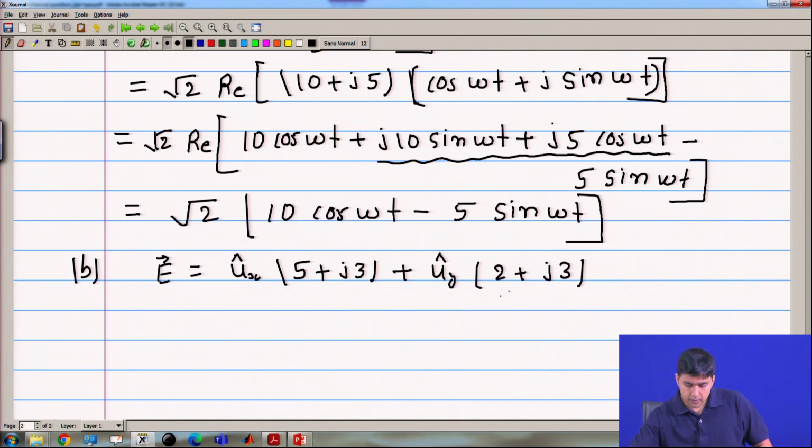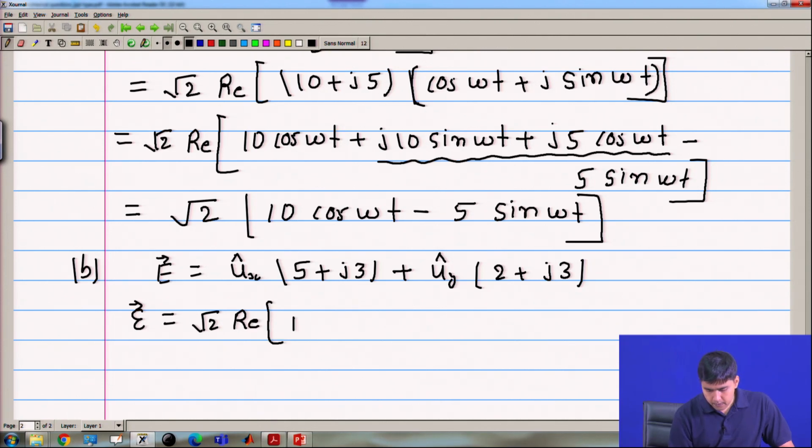For this we can find the instantaneous quantity. Here we can denote it like this: e equal to square root of 2 real part of vector E e to the power j omega t.